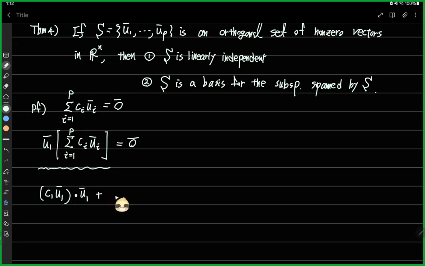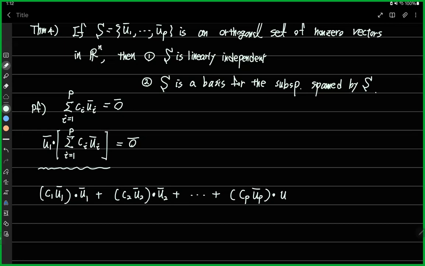And then plus C2 times U2, dot product U2, plus CP times UP, dot product UP. So I think this is a dot product right here.